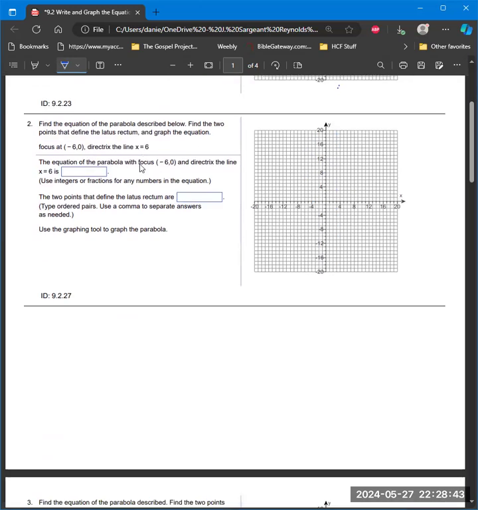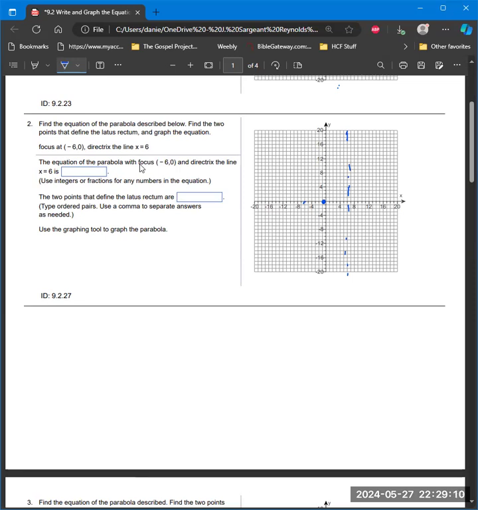Now let's go ahead and find the next one. The focus is at (-6, 0), and the directrix is at x equals 6. The vertex is going to be right there in between at (0, 0).